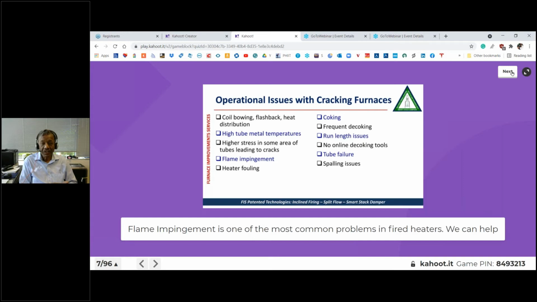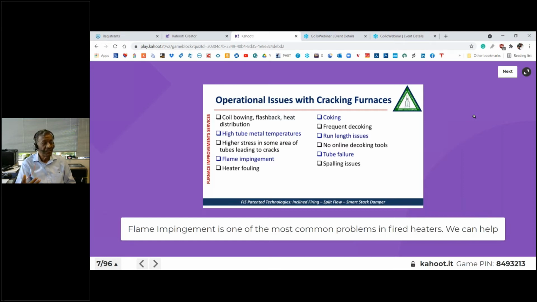In fact, if you look at all the feedback we have received, the majority is concerning the fire side: flame impingement, coil bowing, flashback, heat distribution, high tube metal temperatures, run length issues, tube failures. All of these are related to the fire side, and we would be able to help you with all these problems.